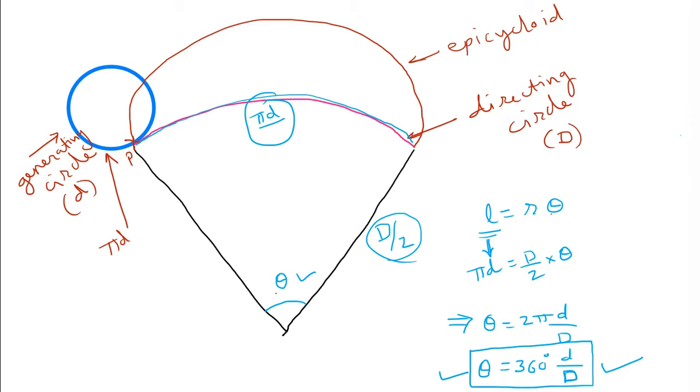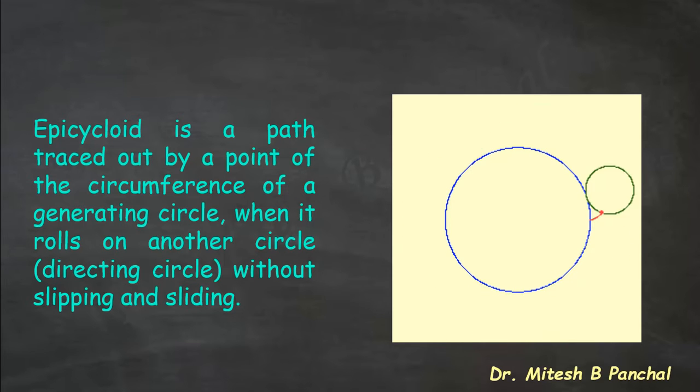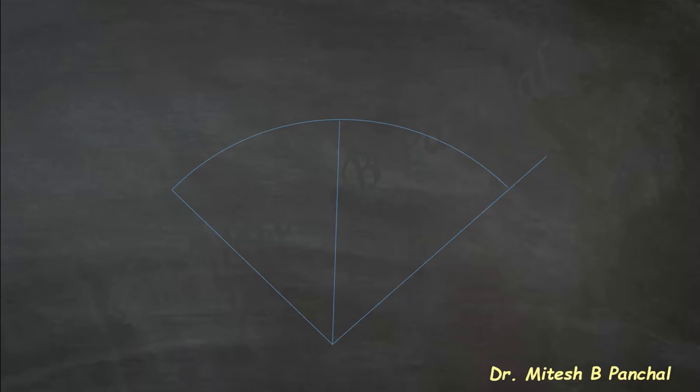Now we will see the construction procedure of an epicycloid step by step. Once theta is calculated, one can start the construction procedure. As a first step, we need to draw the portion of the directing circle. Here this included angle is theta.